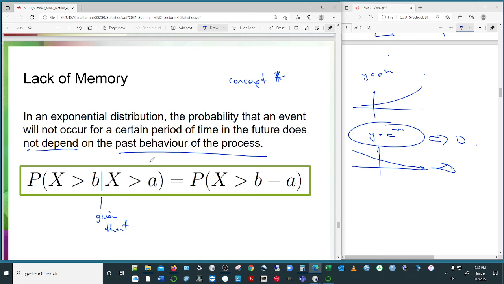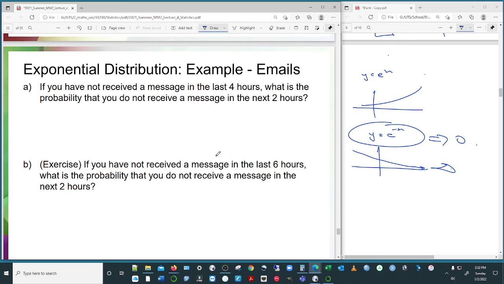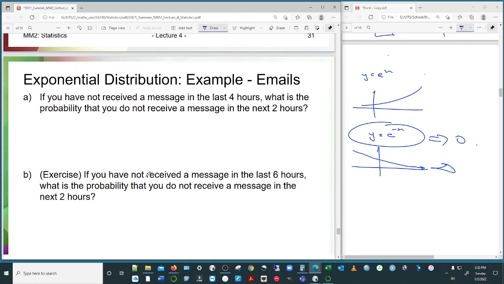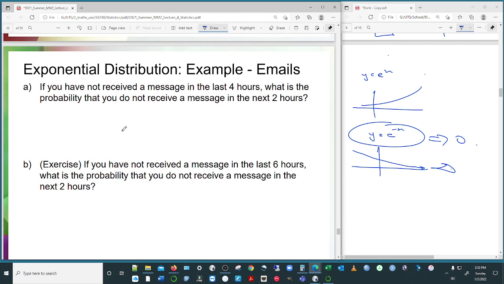I'm not overemphasising the computation, it's the concept that I've just spoken about. Past behaviours, okay, so it's got this memoryless property. The exponential distribution has this memoryless property. That is, it's not really going to be concerned with what happened last time in terms of what it does next. So it's got that independent element to it. For computational purposes, yes, I'll just do an example. But the most important thing is it's got that memoryless property.